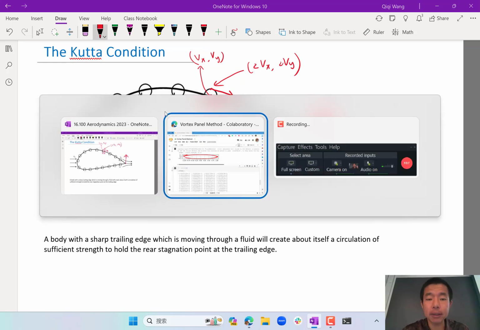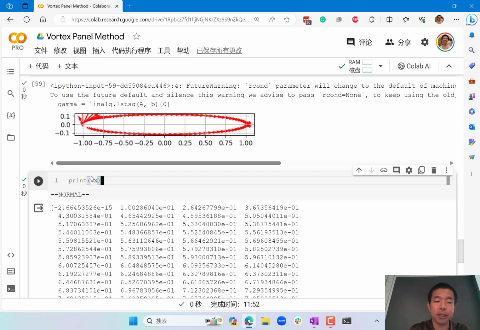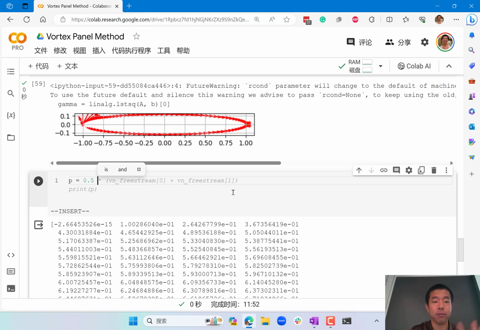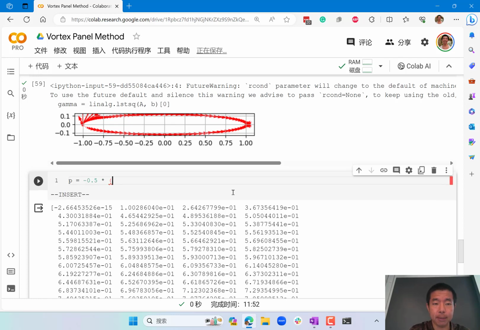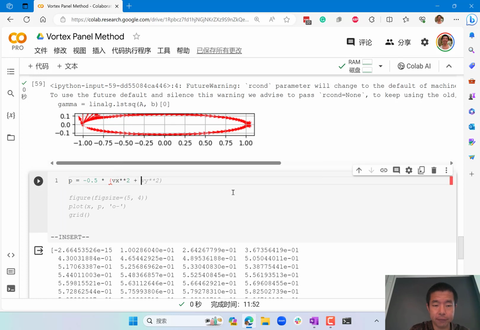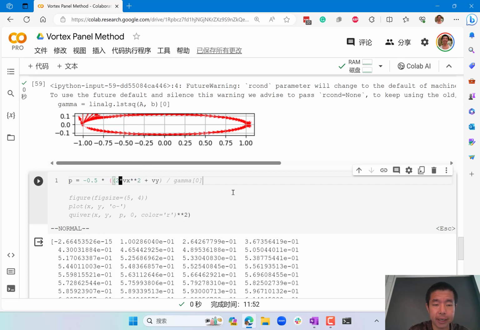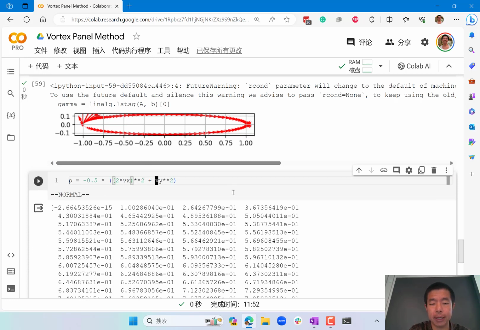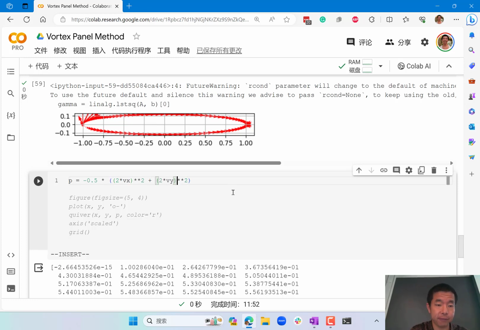So now the pressure should be computed by P equal to minus half of rho, let's assume rho to be 1, times Vx squared plus Vy squared. But now we have to use 2 times Vx and 2 times Vy so that we have the velocity just outside of the surface.